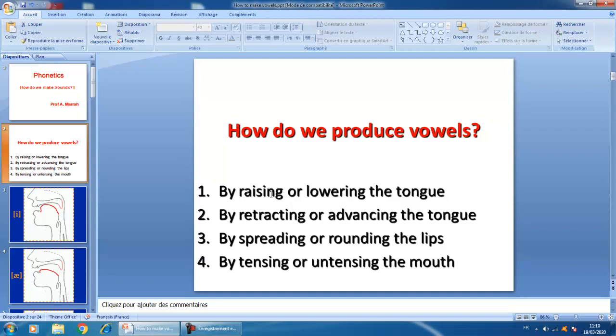So remember these different positions here. We have first the raising or the lowering of the tongue, the retracting or advancing of the tongue, the spreading or rounding of the lips, tensing or untensing the mouth.